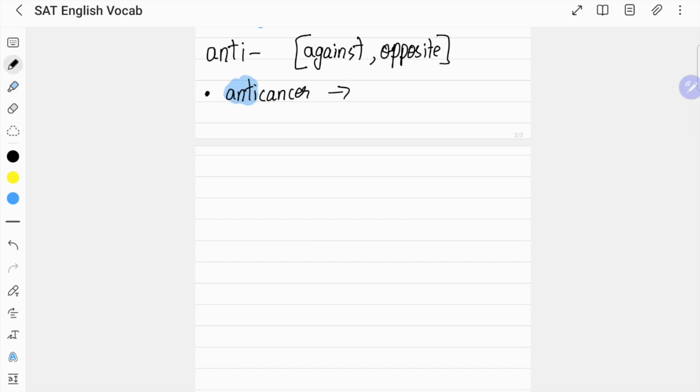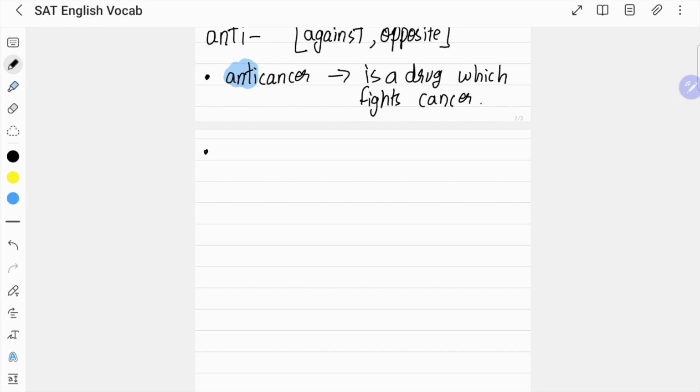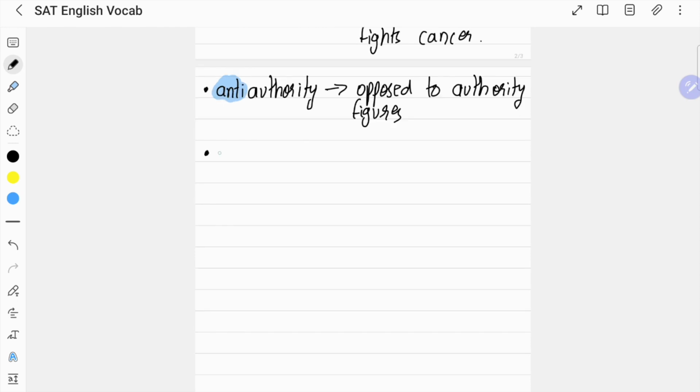And this obviously means anti-cancer is a drug which fights cancer. We can also take anti-authority, which means opposed to authority figures.